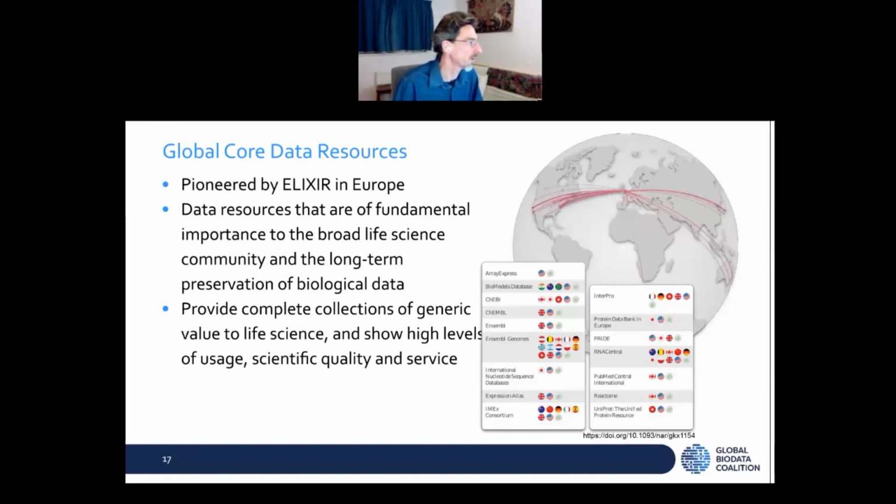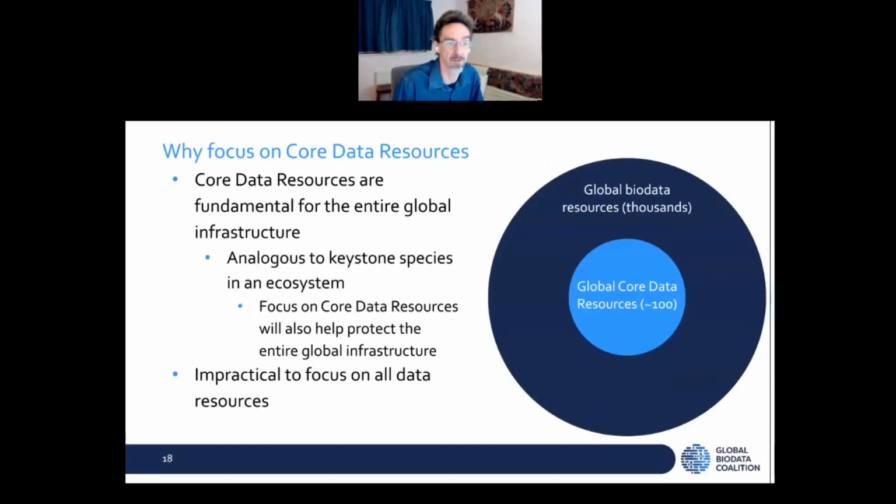So they also represent complete collections of generic value, and they have high levels of usage, scientific quality and service in quotes. Let's go to the next slide. What I want to say is on the next slide. Oh, sorry. There's a paper that I'll show you in a minute that explains how that works.